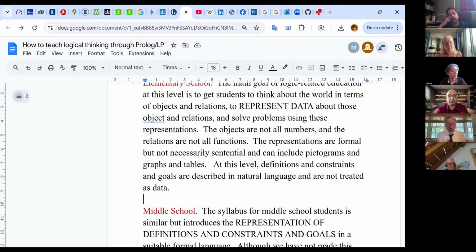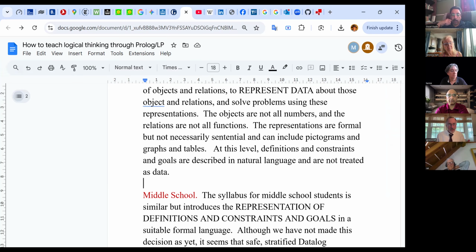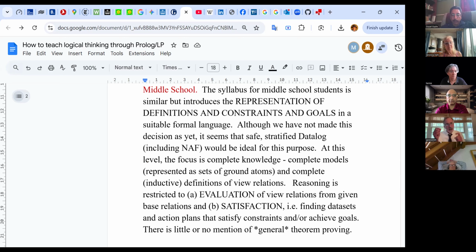When we go to the middle school, everything's pretty much the same, more sophisticated, more of that, but we now switch to the explicit representation of definitions and constraints and goals. So now we do expect them to write those things down that were in natural language, now in a formal language.